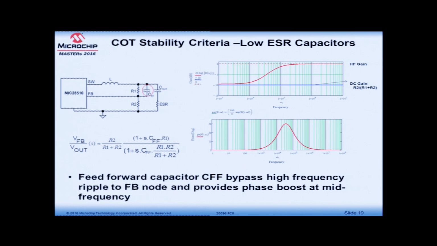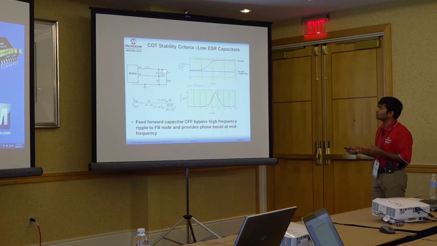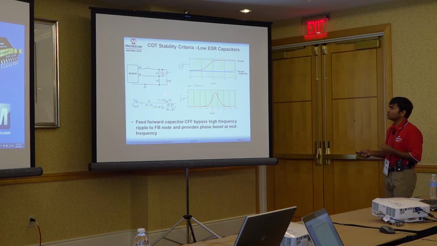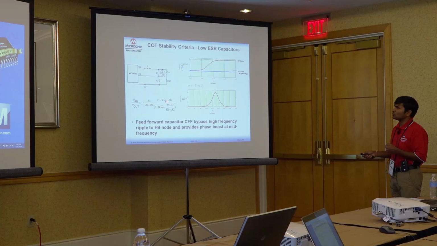The ESR will be in the range of 10 milliohms to 50 milliohms. So, to get the ripple from these low ESR capacitors, we recommend adding a feed forward capacitor from the output to the feedback node. This feed forward capacitor adds a zero and a pole and provides a phase boost in the mid frequency and high frequency gain.